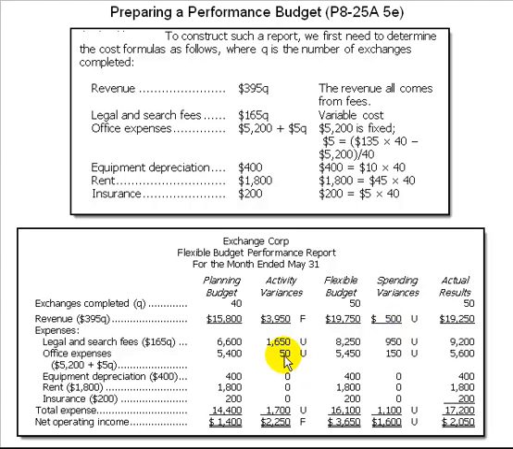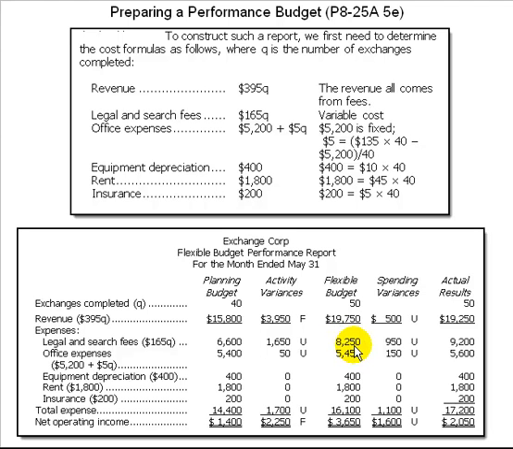All right, and then we go through the same logic for all the other line items. Legal and search fees were $9,200. We get that by taking 50 times $184. Again for legal and search fees, if we would have used the 165 times the 40 units, it would have been 8,250.